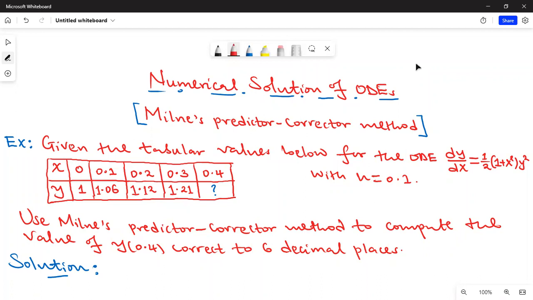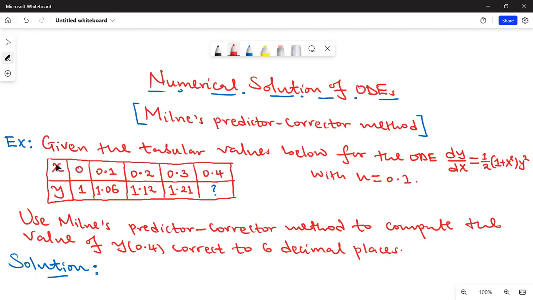Today we are going to look at numerical solution of ordinary differential equations, and in particular we are going to look at Milne's predictor-corrector method. So we have this question. We are given the tabular values below for the ODE dy over dx is equal to 1 over 2 times (1 plus x squared) times y squared, with the step size h equal to 0.1.